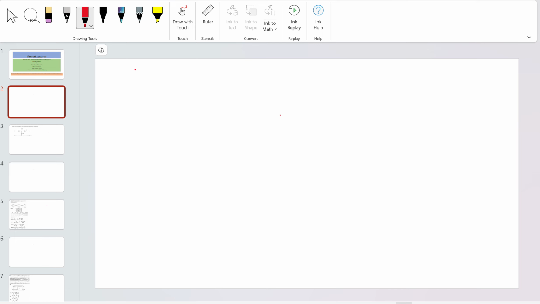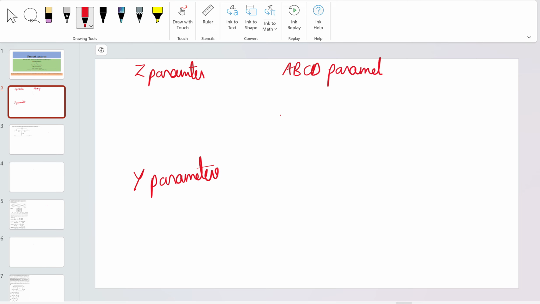Suppose I'm talking about the Z parameters, the Y parameters, the ABCD parameters, the H parameter, and also the G parameter. What are the input and output values for those?